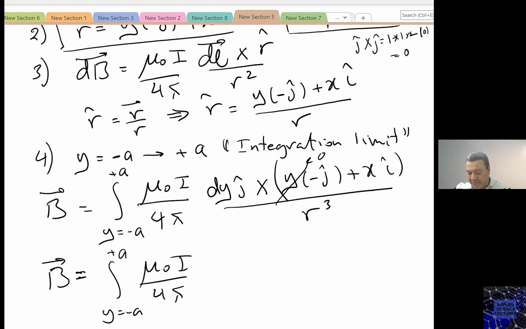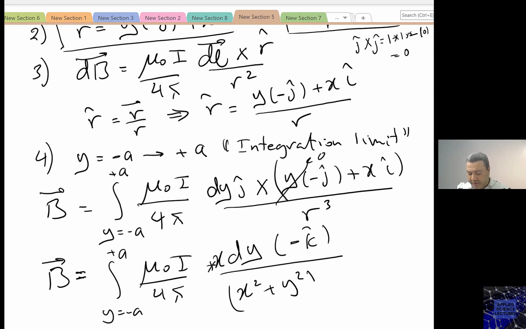Then I only have the x i. So dy j hat cross x i hat is going to give me x dy, and the answer is minus k hat, divided by x squared plus y squared to the 3 over 2.